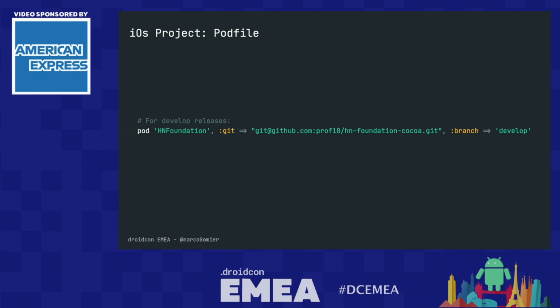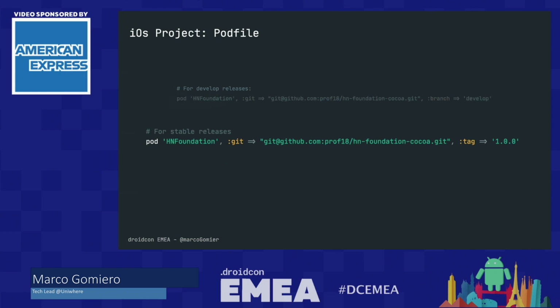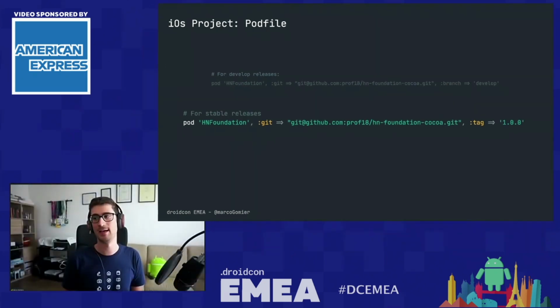I've specified a develop branch because this is for the developer cycles, because you need to iterate quickly. But for the final releases, I suggest you specify a tag because you will be able to understand and use a specific version.